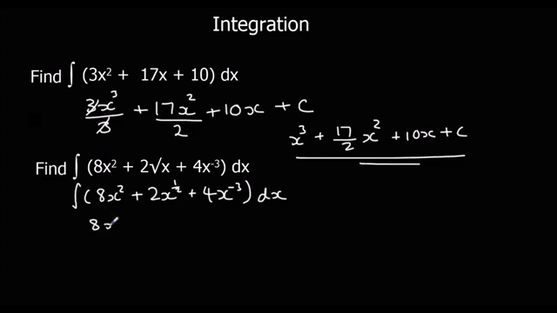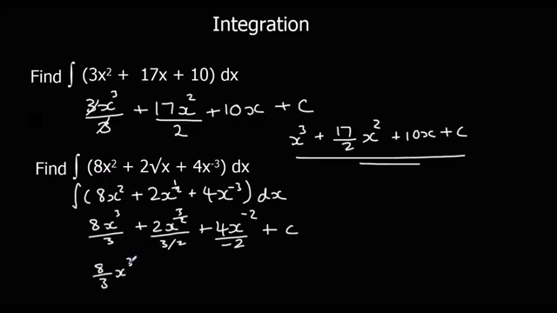So 2 plus 1 is 3, divide by 3. Half plus 1 is 3 over 2, divide by 3 over 2. Minus 3 plus 1 is minus 2, and we're going to divide by minus 2, and plus c on the end. So 8 over 3 is 8 over 3, x cubed.